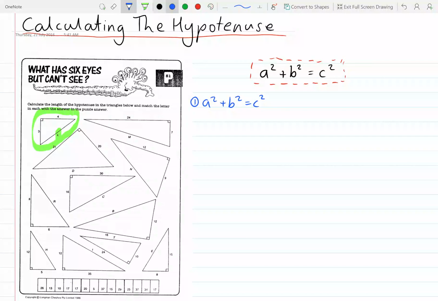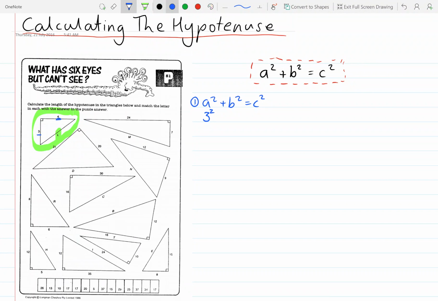Okay, so a squared is 3 because it's one of the short sides, so we'll go 3 squared. Notice that I still keep the squared part. A is 3 because it's one of the short sides we got from the triangle, and we're going to square it because that's what the formula says.